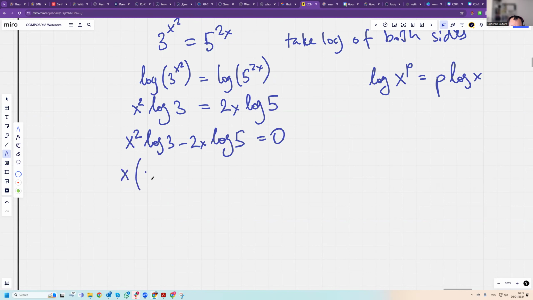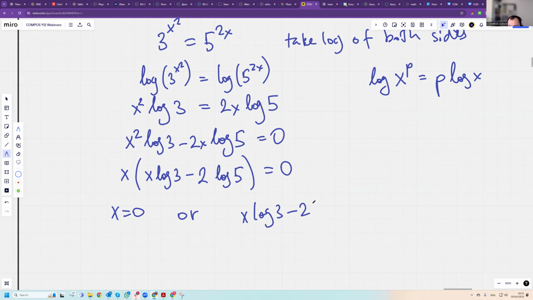So you have x times x log 3 minus 2 log 5 equals 0. So either x equals 0 or x log 3 minus 2 log 5 equals 0. That means x is 2 log 5 over log 3.